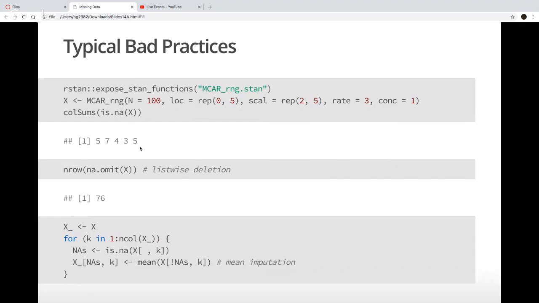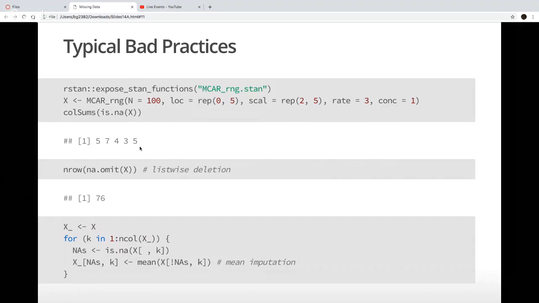If the data generating process is actually missing completely at random, this also doesn't create any bias. But if the data generating process is anything other than missing completely at random, then this will result in biased estimators if you use these data.